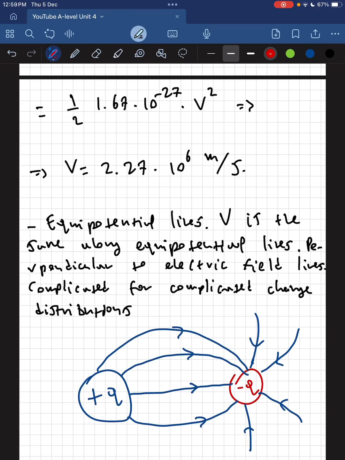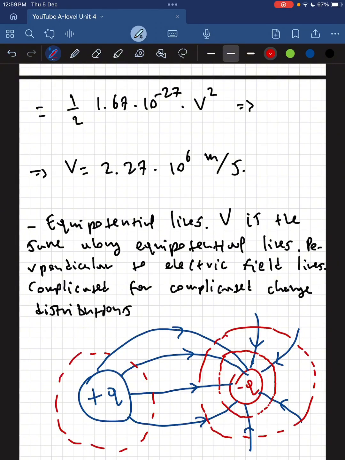So if you can picture this, if you draw lines perpendicular to the electric field lines, you will get something like this. And these are going to look like ellipses. Something like this. And the same goes here and here. I'm going to show you the demo, it's going to help. And in the middle, for example, you'll get a straight line, because that's the only option of drawing a line that is perpendicular to the electric field lines.